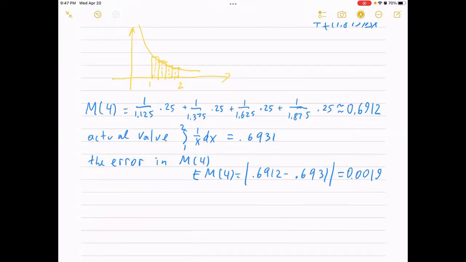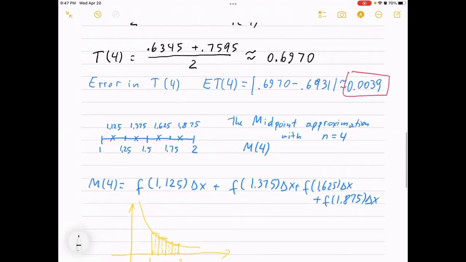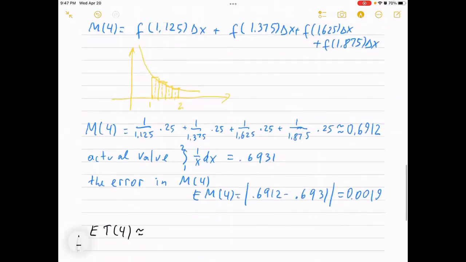So let's recall that the error in trapezoid T4 is approximately 0.0039. The error in the midpoint approximation is 0.0019.